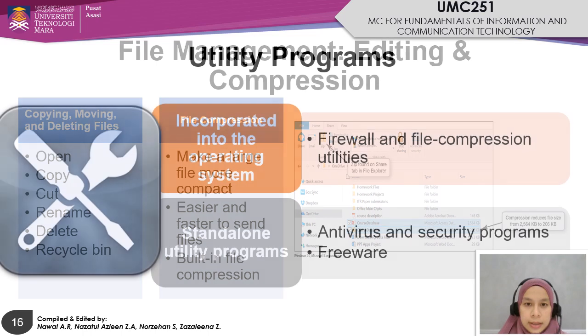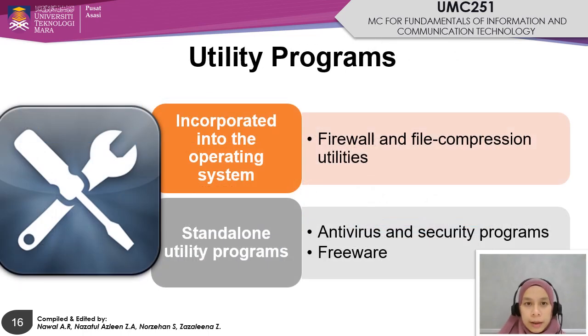Next are the utility programs. Utility programs are small applications that perform special functions and come in three types. First, those included with the OS installed in your computer. Number two, those sold as standalone programs. Number three, those offered as freeware, such as adware from any legal websites.